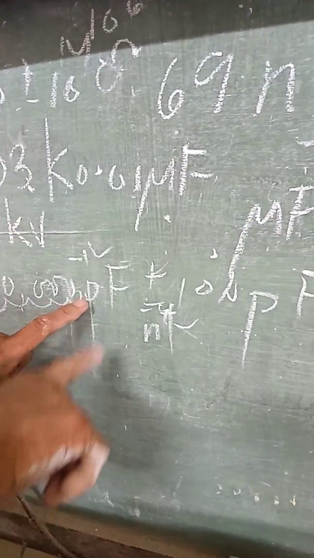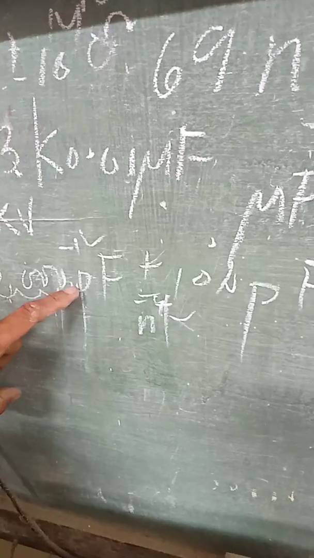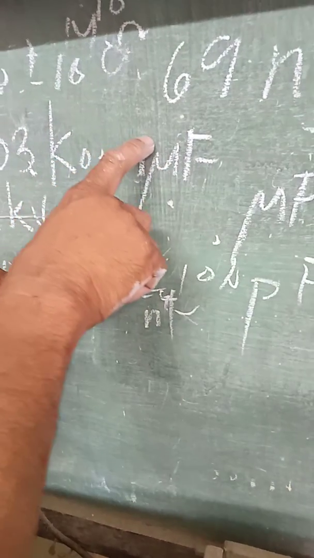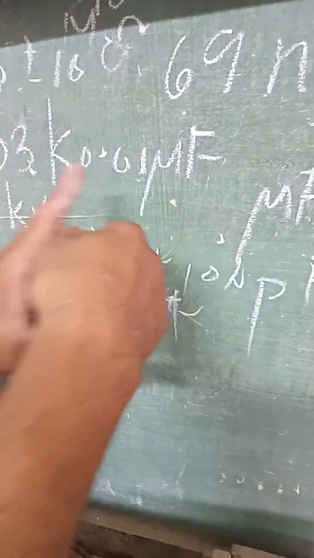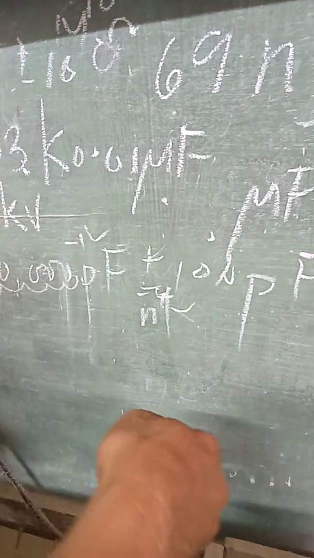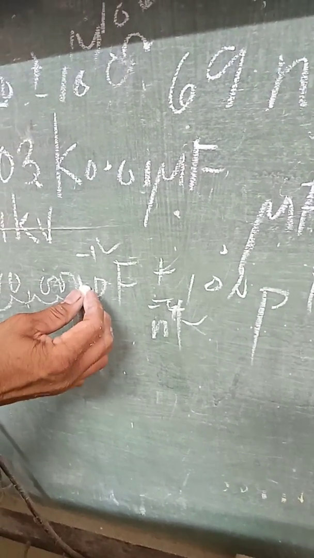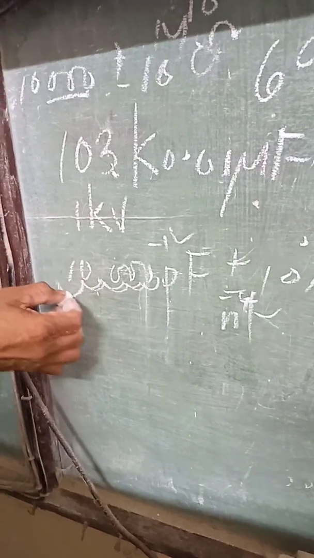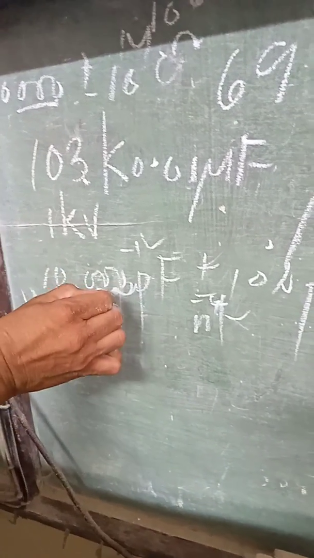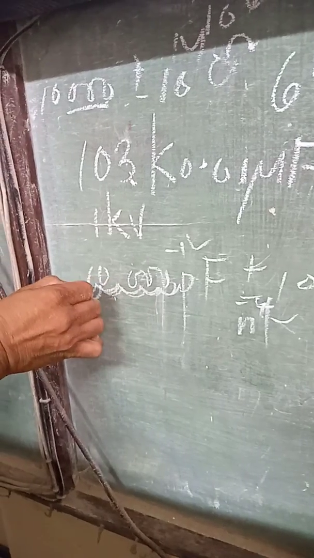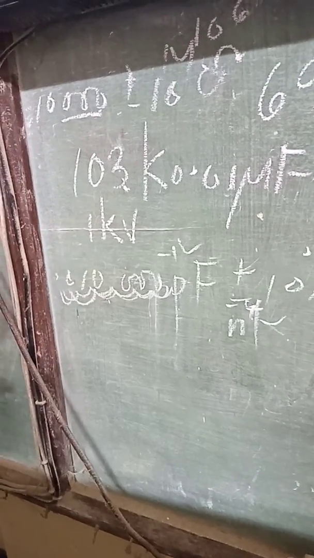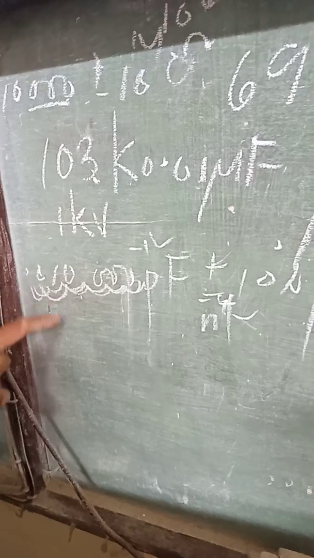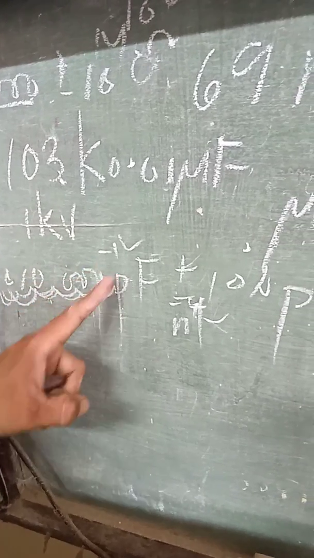Unlike a while ago, pico and micro is 6, because pico is negative 12, whereas micro is negative 6. The gap between them is 6. That's why we move the decimal point 6 places to the left. 1, 2, 3, 4, 5, 6. That's why it becomes 0.01 microfarad. 6 places to the left.